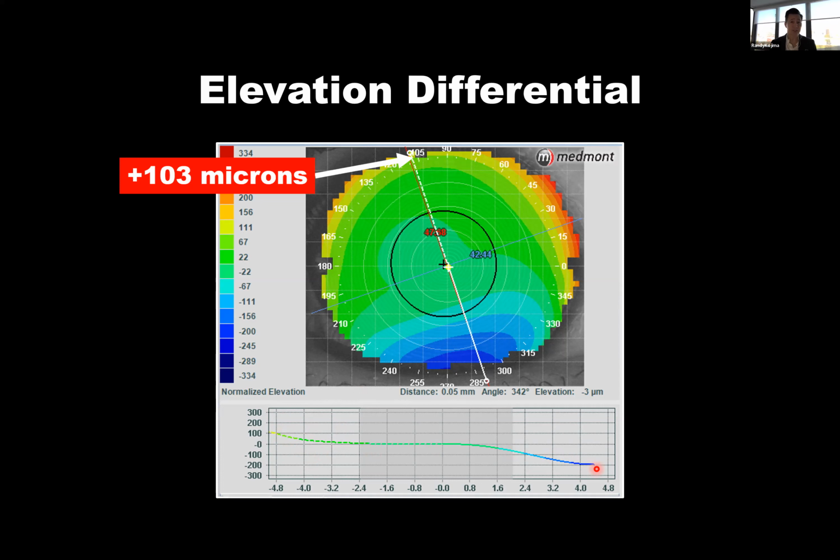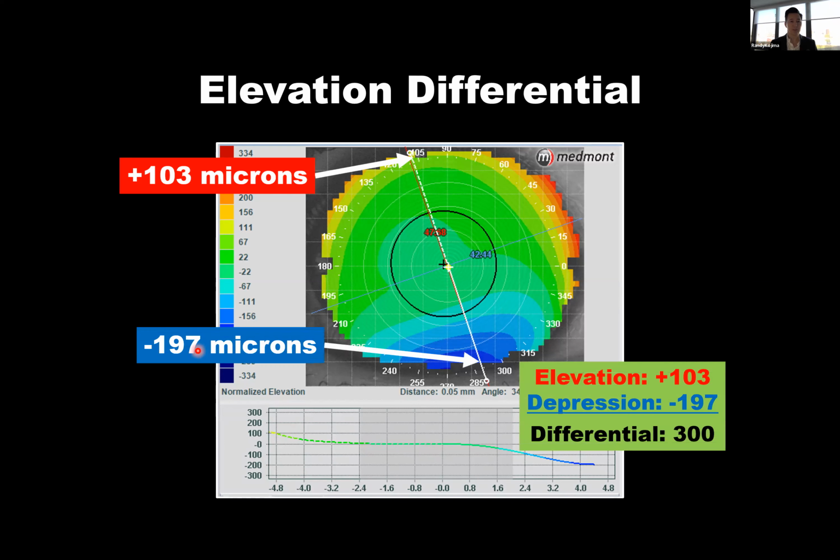And it looks like across this meridian, when I take this axis line around and go radially, we see that we have the biggest change from elevation to depression along this 105-degree axis, roughly. And then you're going to click your cursor in the red, and it says plus 103 microns. Next, you're going to go down to the blue and find the depression, minus 197 microns.